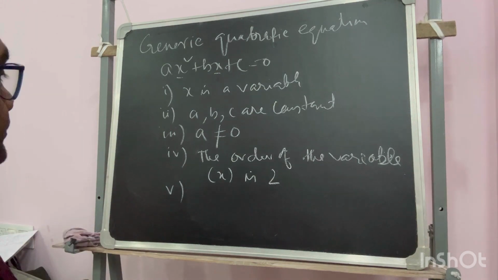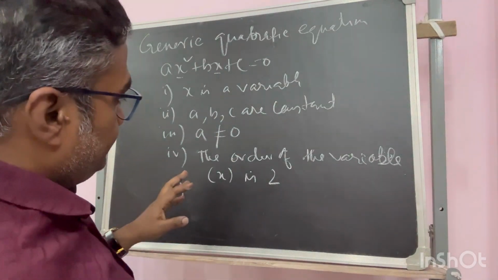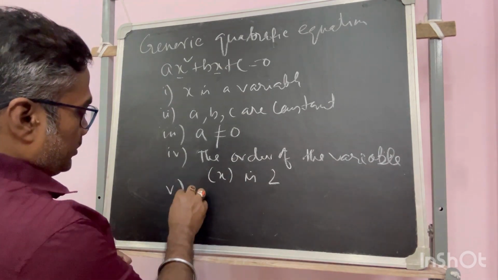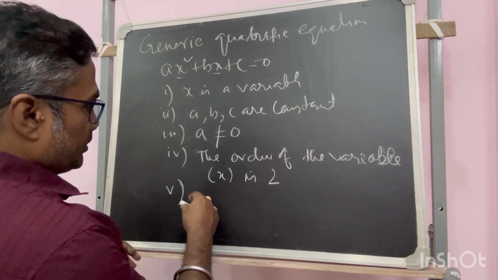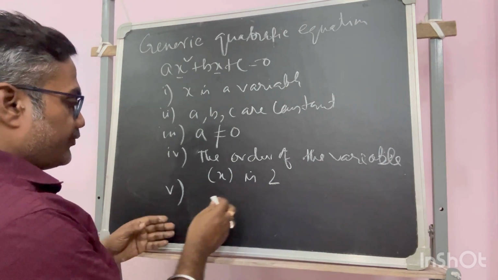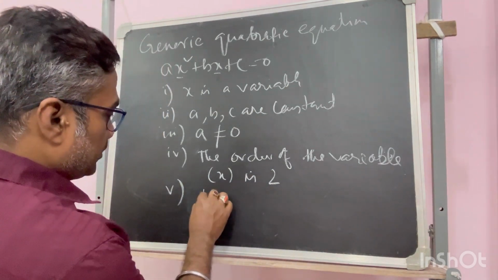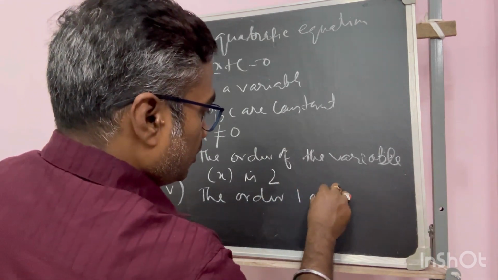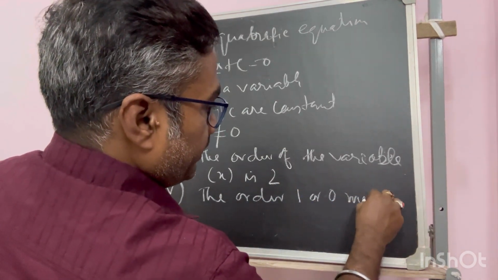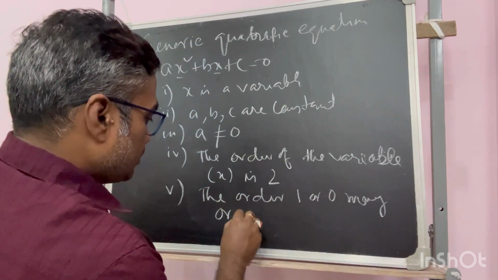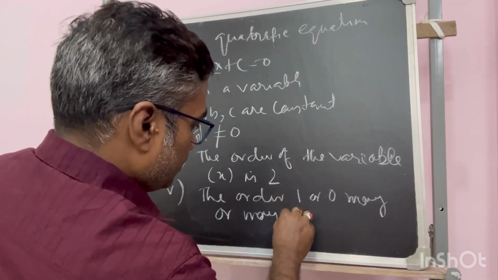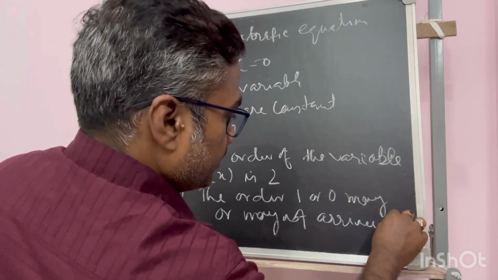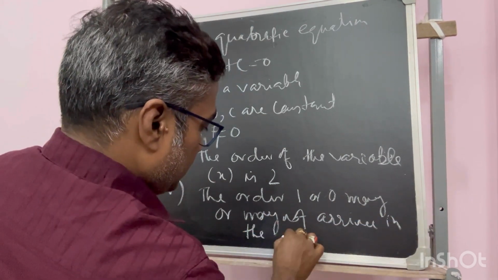Next is what? For clarity I will write that order 1 or 0 may or may not arrive in the equation.